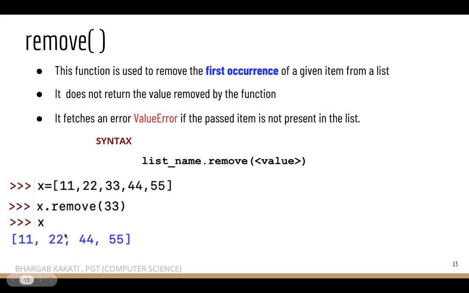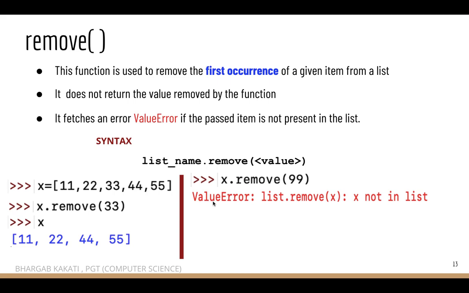In that updated list, this element 33 will not be present. Now if I type in a value which is not even present in the list, let's say 99, so if I type x.remove(99), can you see the element 99 in this list? No, it's not present there. So it will give me an error known as ValueError. It will say that x is not in the list.